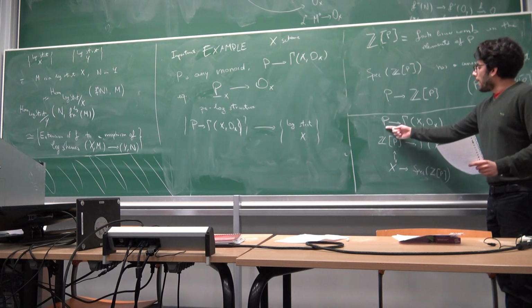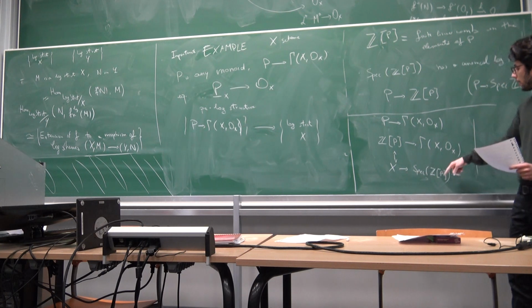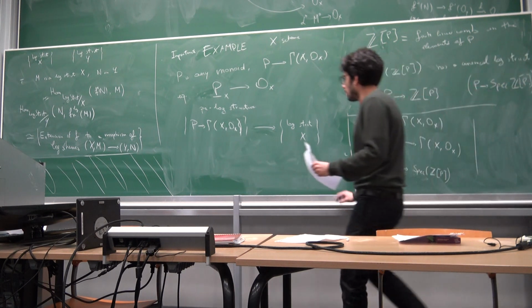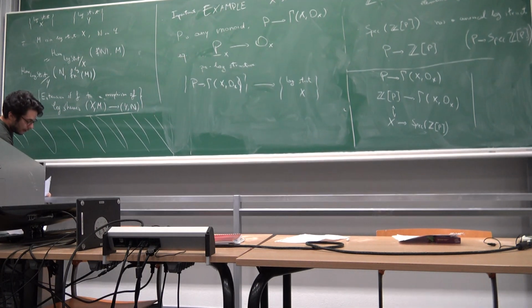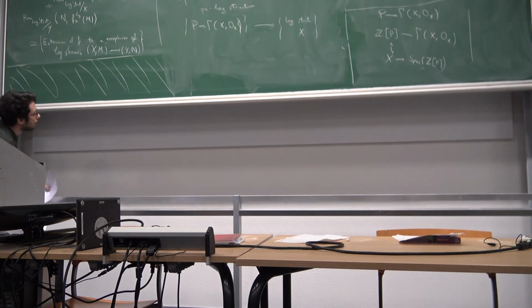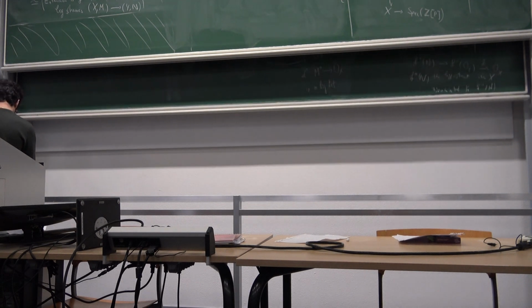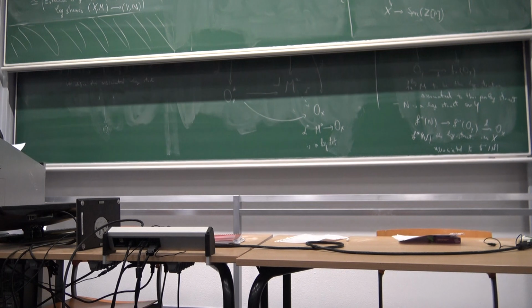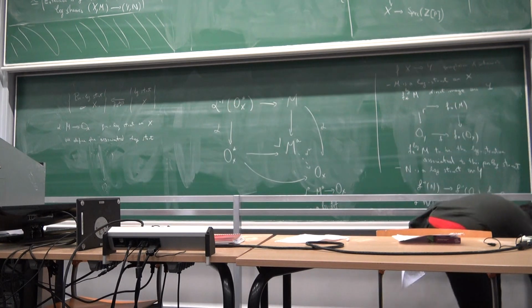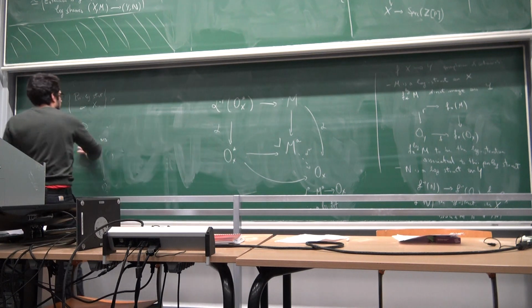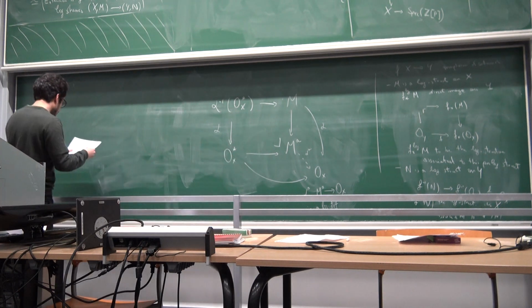And then the log structure on X induced by this morphism of monoids via this procedure coincides with the pre-image of the canonical log structure under this morphism.